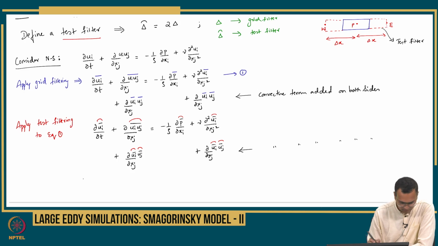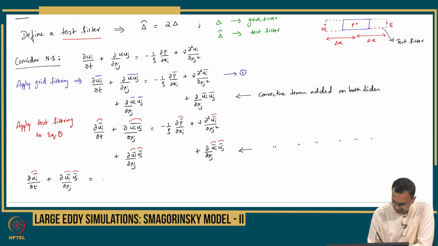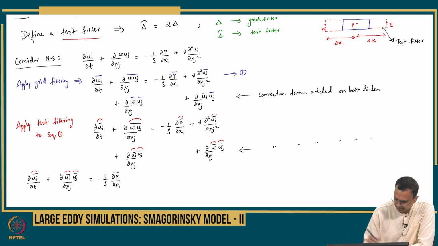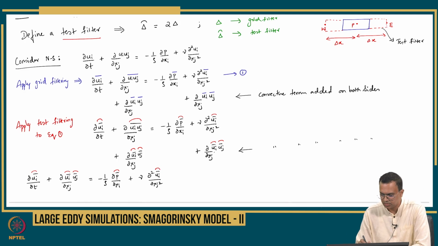So I get the left hand side part, ∂ui bar/∂t, plus I take the convective term here, ∂(ui bar uj bar)/∂xj, equal to the pressure term, ∂p bar/∂xi, the viscous term, nu ∂²ui bar/∂xj², and of course the subgrid stresses at the test level.